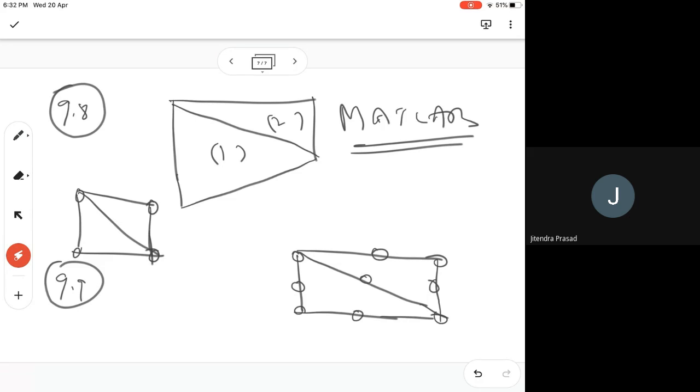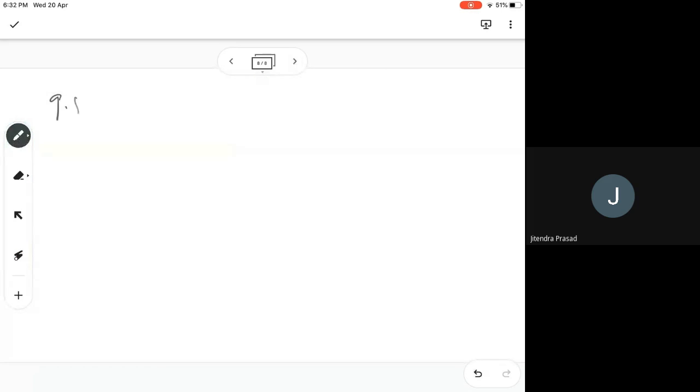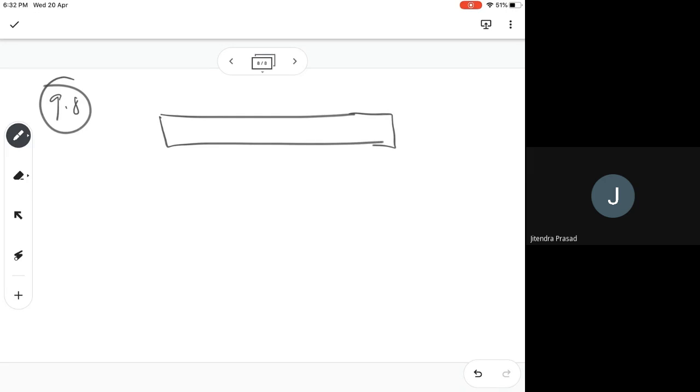Okay, now 9.8. Again, this is also programming only, but still let's look at the problem. The problem is something like this.